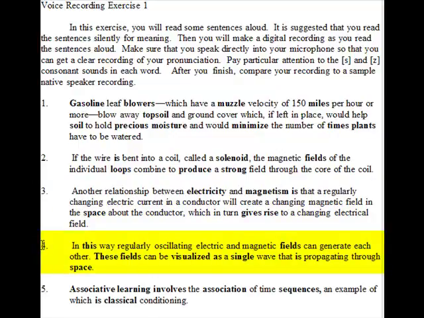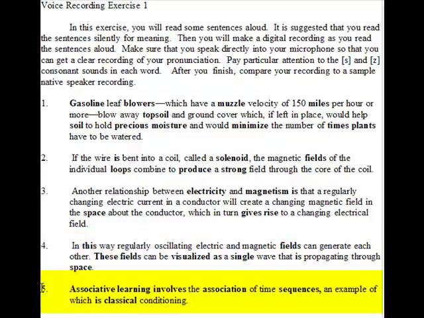In this way, regularly oscillating electric and magnetic fields can generate each other. These fields can be visualized as a single wave that is propagating through space. 5. Associative learning involves the association of time sequences, an example of which is classical conditioning.